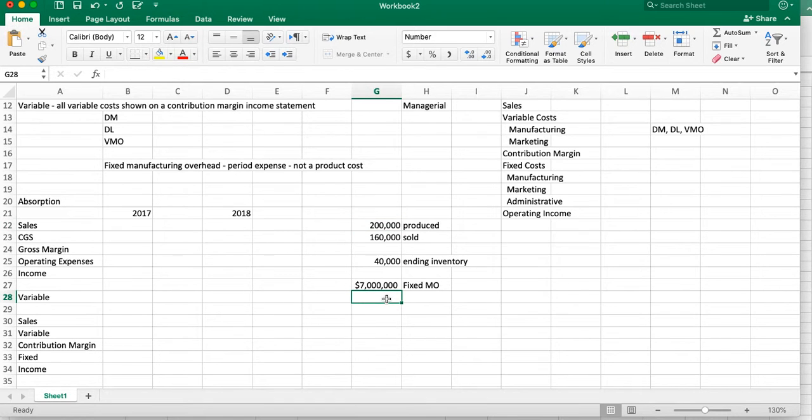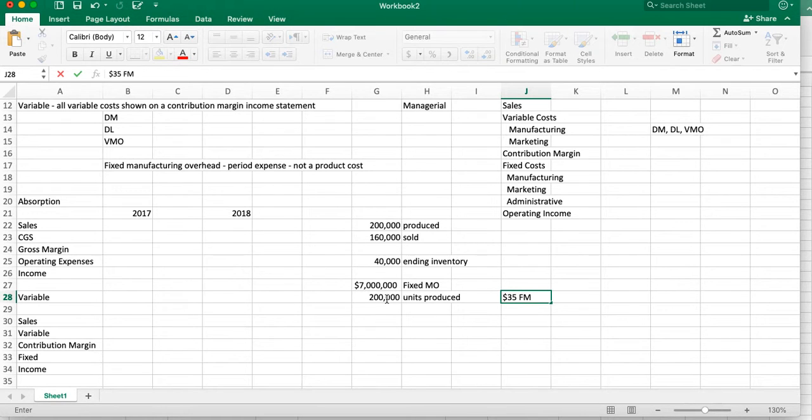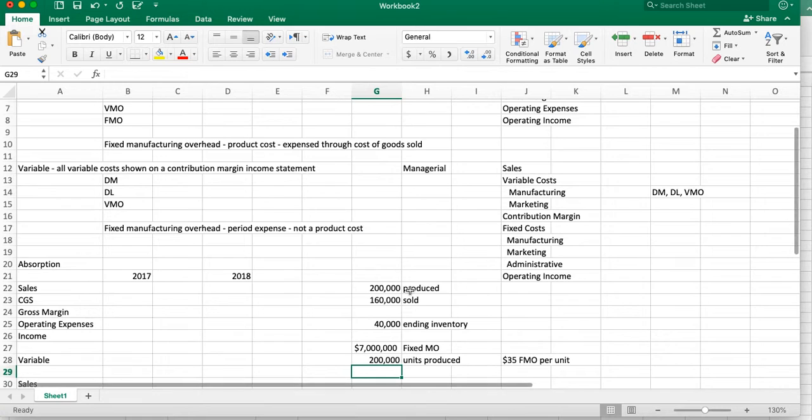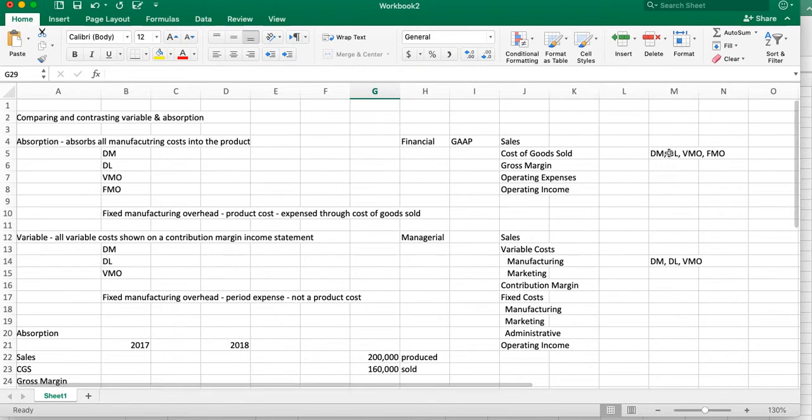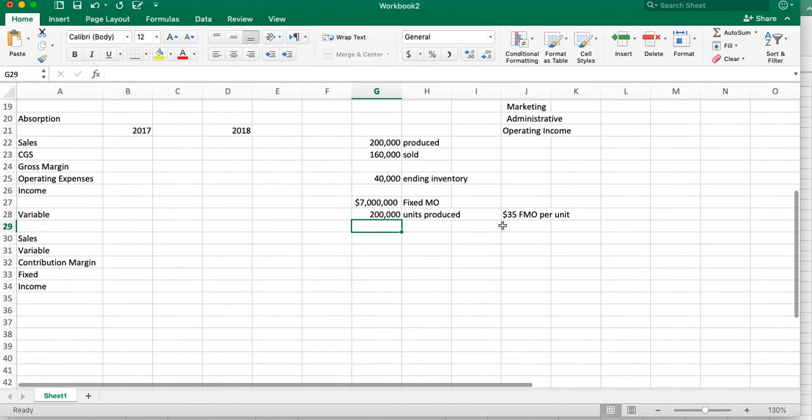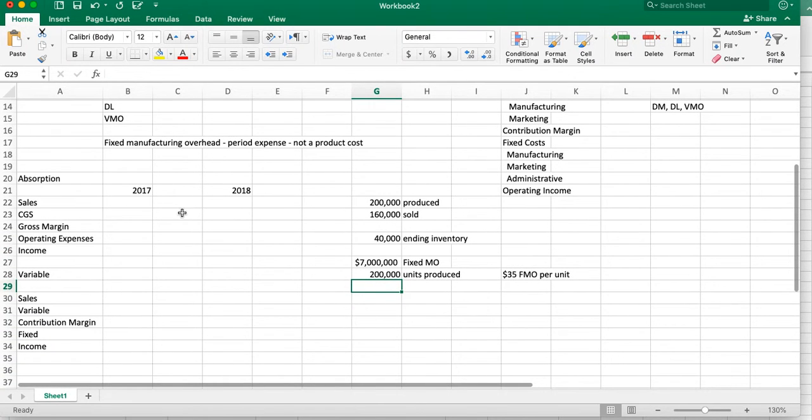So I would divide by my 200,000 units produced, and I would come up with $35 fixed manufacturing overhead per unit. And then I would add that to my direct material, direct labor, variable manufacturing overhead, and then I would have my cost of goods sold.